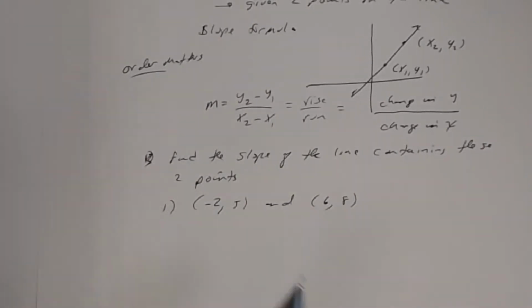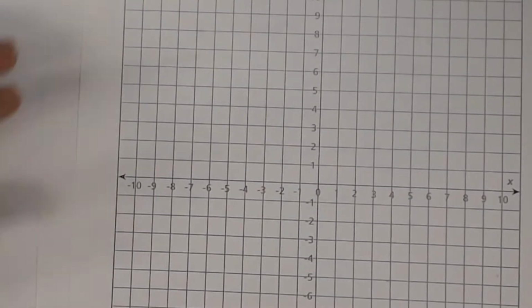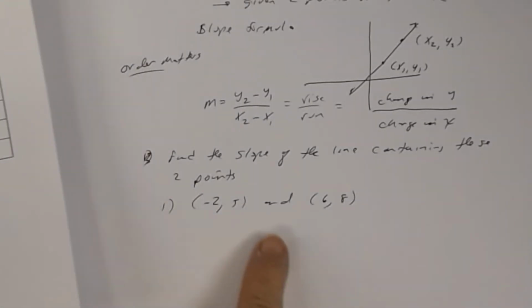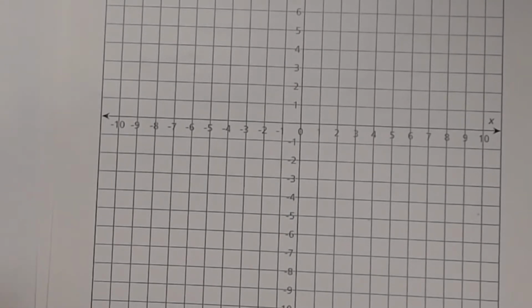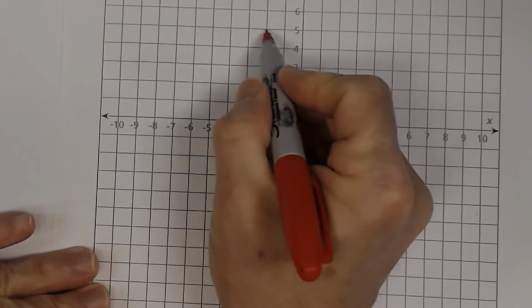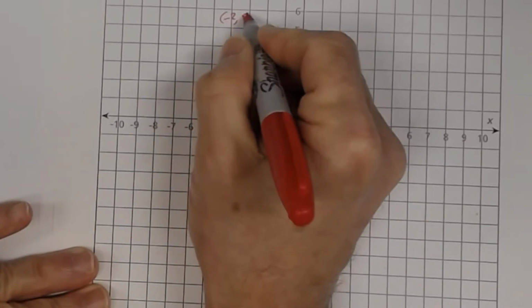Now you don't have to graph this to determine the slope. You just use the slope formula. All right, but I just want to remind you about something from what you've learned in the past. So if I plot those 2 points, -2, 5, and 6, 8, -2, 5 is here, and I'm going to label this -2, 5.